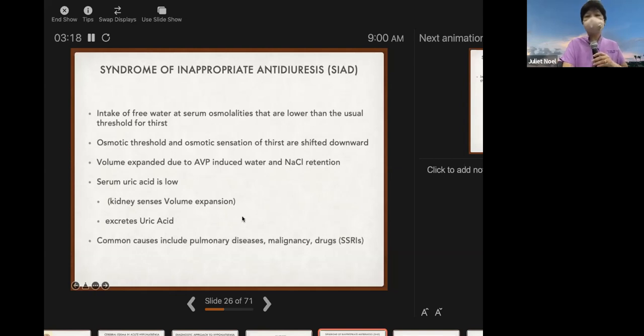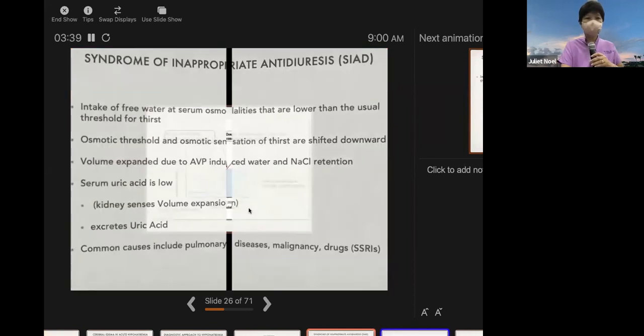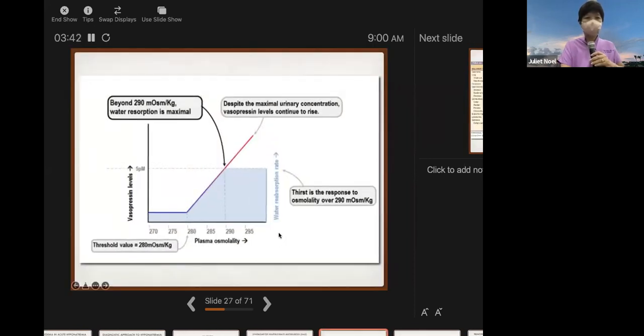Common causes, as I mentioned a while ago, would be pulmonary diseases, malignancy, and medications, especially antidepressants, which are a very common cause of hyponatremia. So if you're giving patients antidepressants, you would have to monitor, especially if they're elderly.